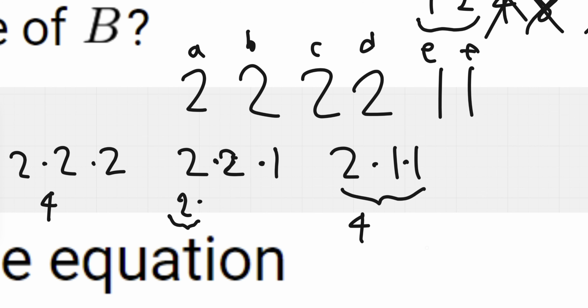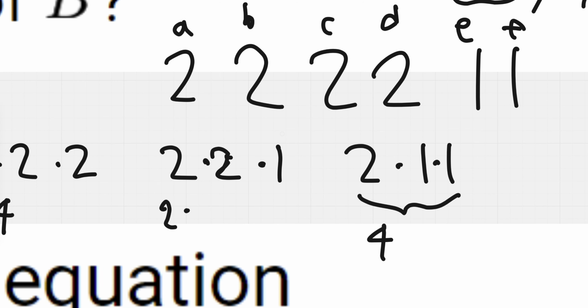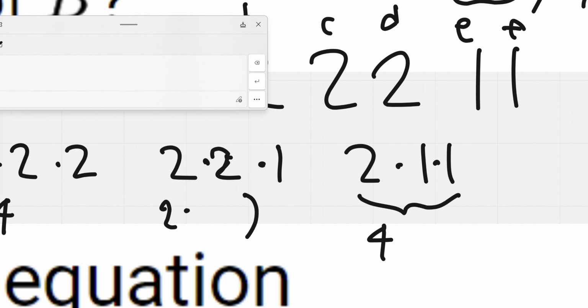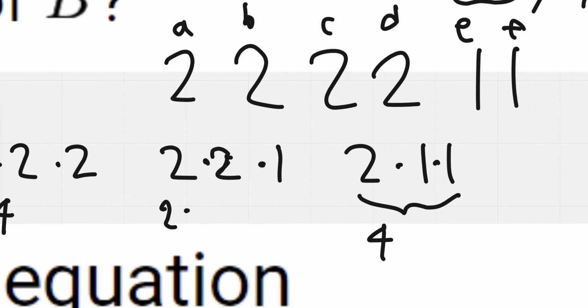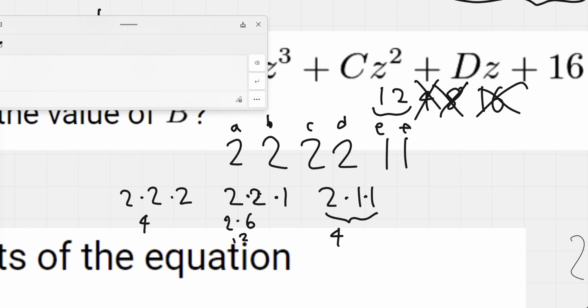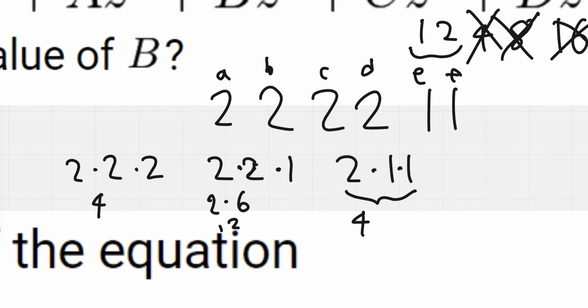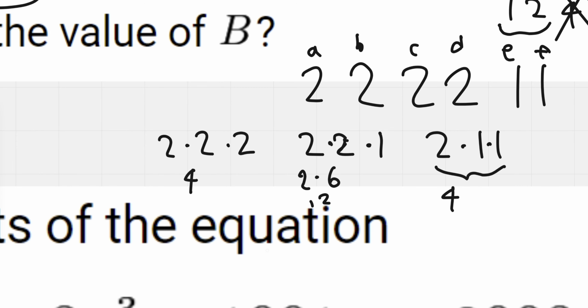So you have two choices of 1, and you also have a bunch of choices for which pair of 2 you're going to pick. So which pair of 2 you're going to pick out of 4? That's 4 choose 2, which is 4 times 3 divided by 2 times 1. That's 6. That's 12. Actually no, you can't do that yet. I'm sorry.